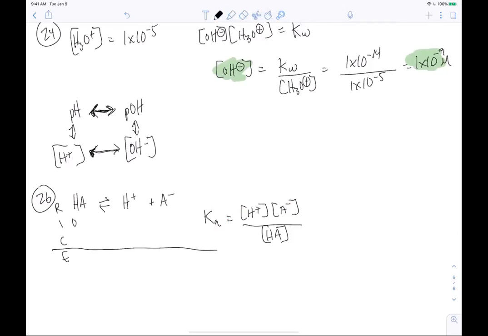They're saying we start with a 0.025 molar solution, and all they're giving us is the percent ionization, which is 10.8%.